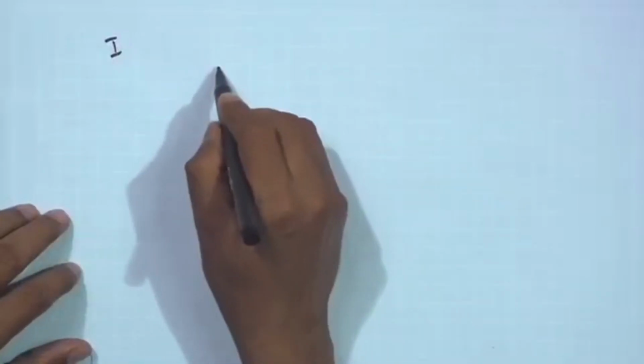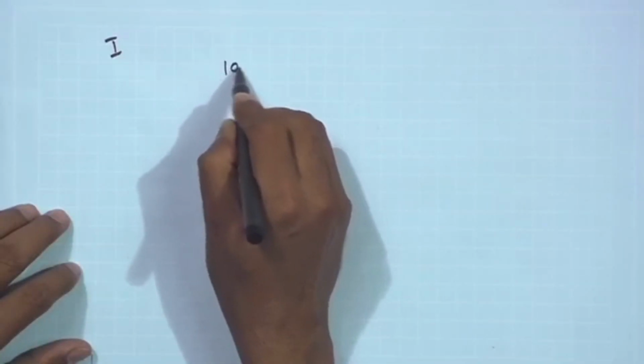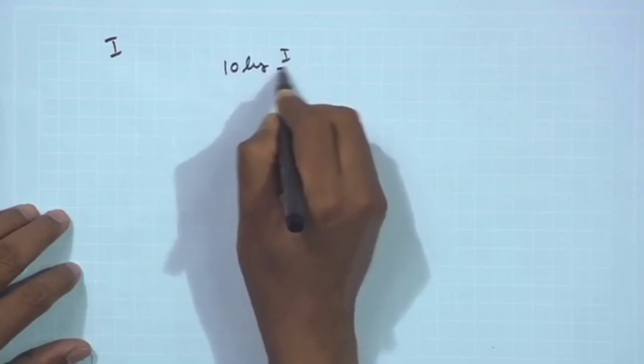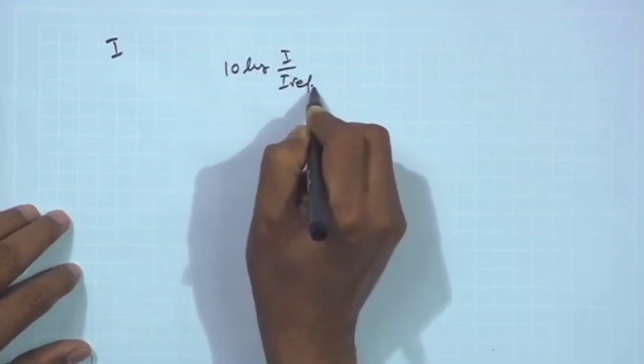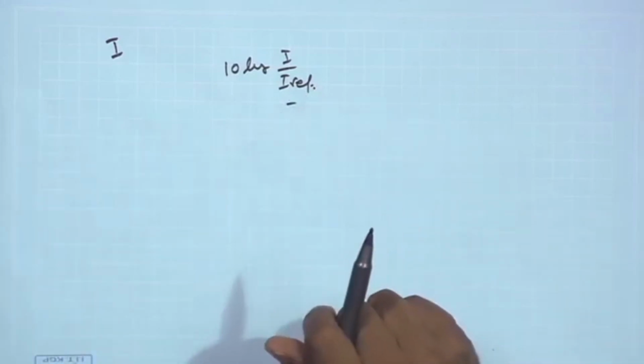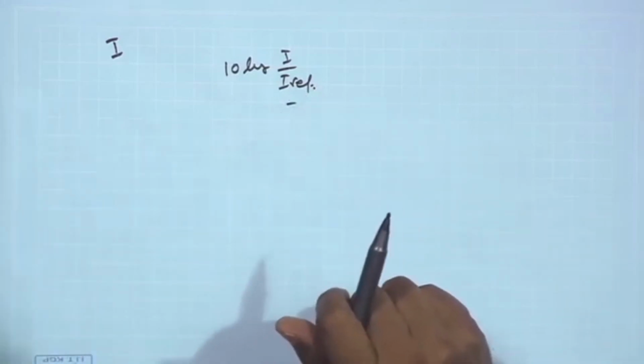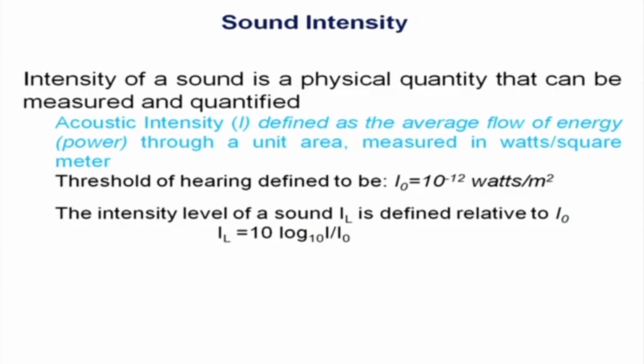So, if the intensity of a sound is I, then I can convert it to dB as 10 log I by I reference, where I reference is equal to 10 to the power minus 12 watt per meter square.